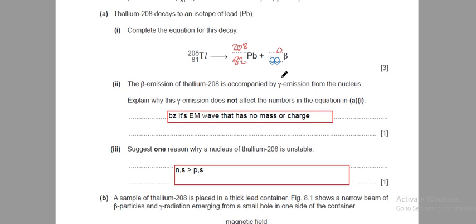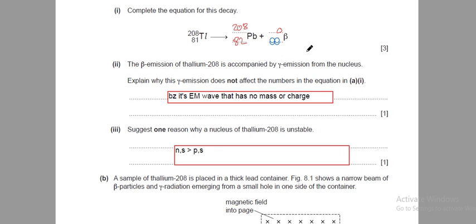You should remember that beta decay results from a neutron decaying to a proton, and beta goes outside the nucleus. So the mass number, or the total nucleon number, is constant because one neutron is replaced by one proton, so there is no change.